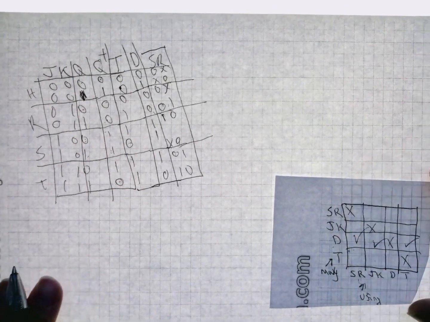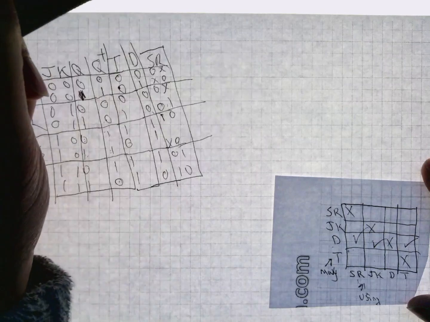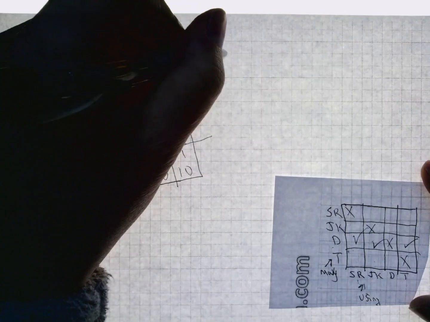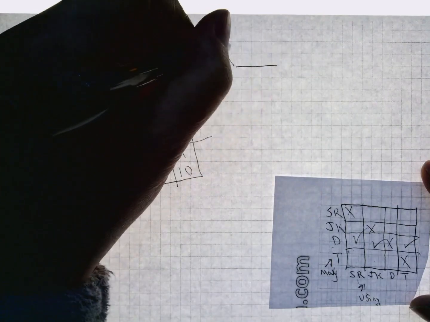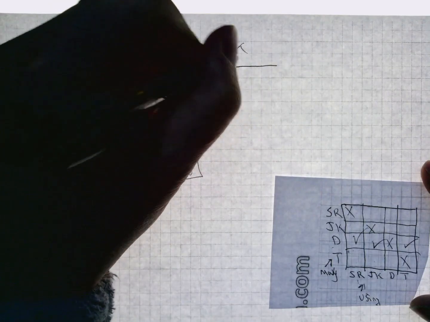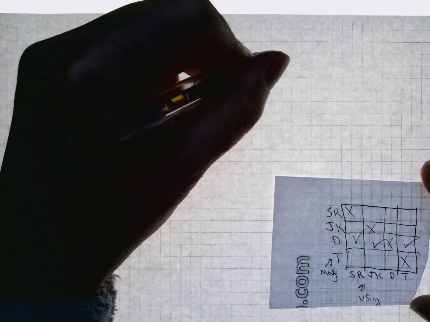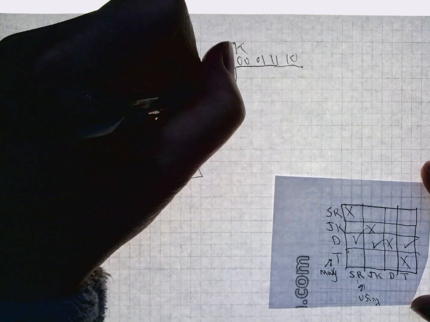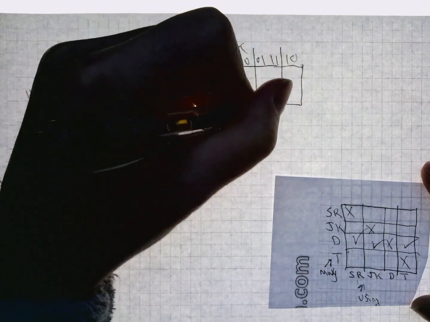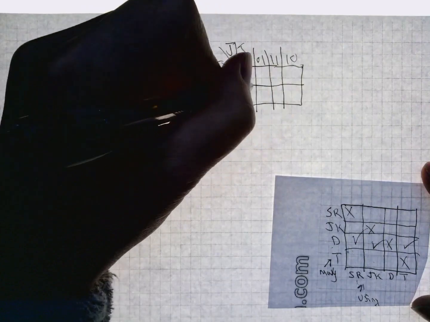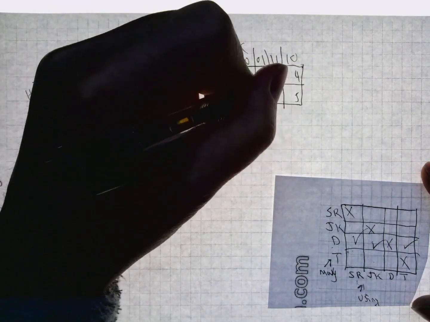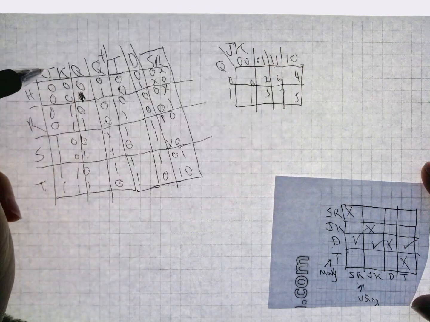And now your modus operandi on that is to do a 3-variable K-map with J and K. Notice how I always number my K-maps.